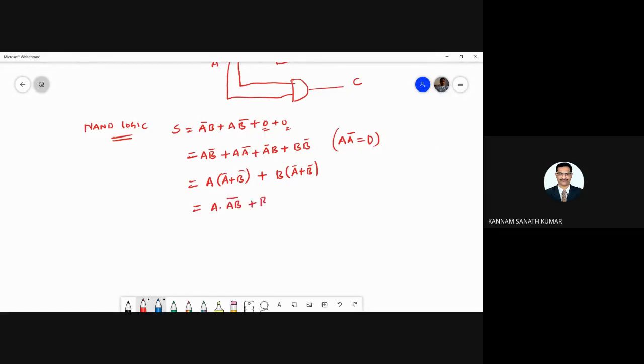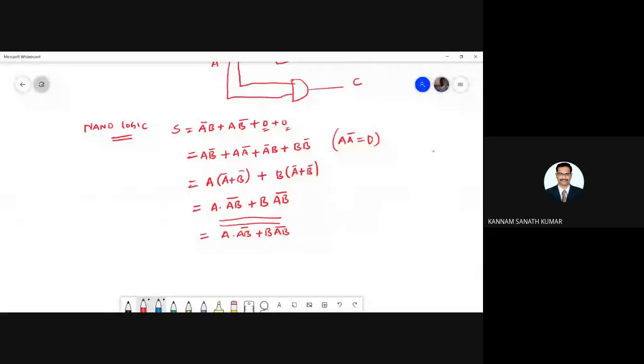So this one you can write as complement of complement. That means complement of complement is nothing but the true form. So this one is A into AB bar plus B into AB bar.